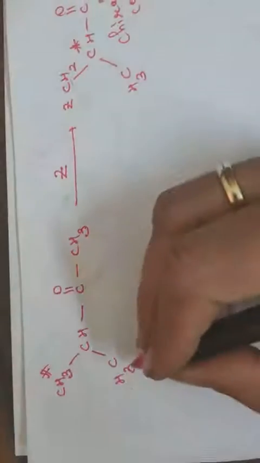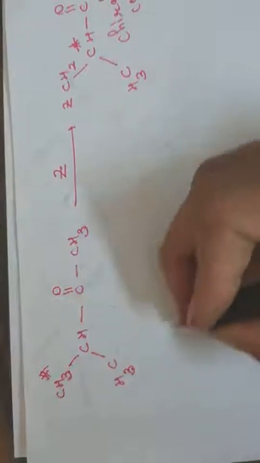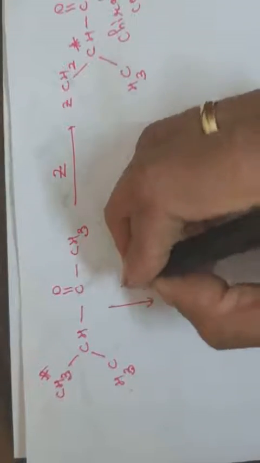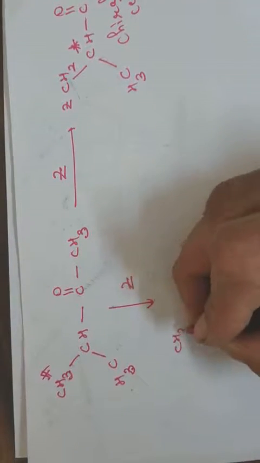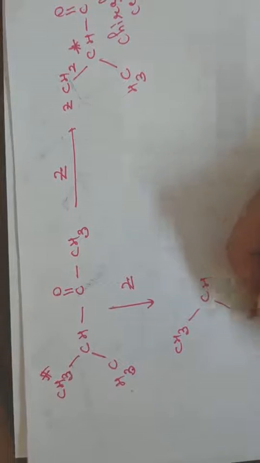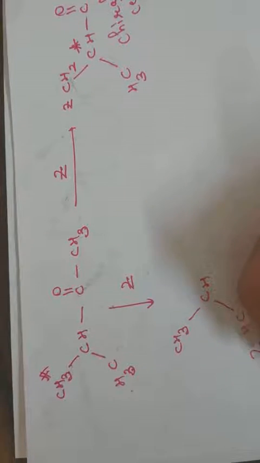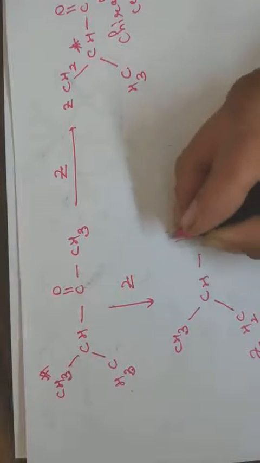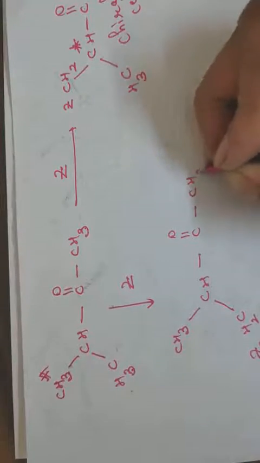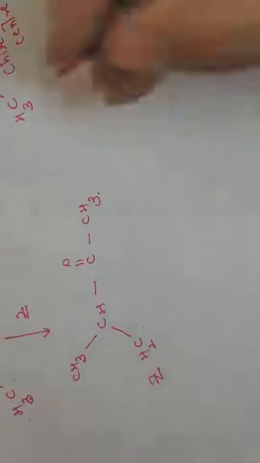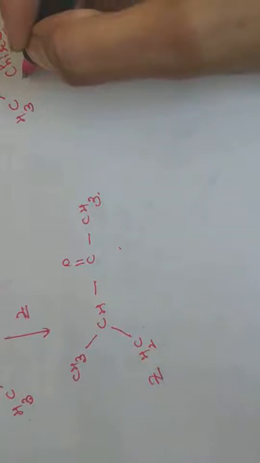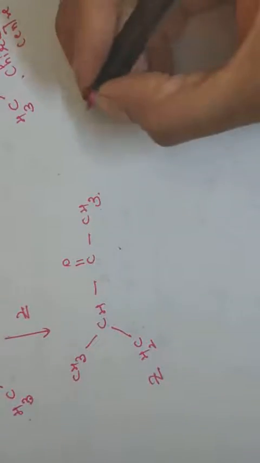So a chiral center is generated here. If you replace this hydrogen atom by Z, then this and this are enantiomers of each other.